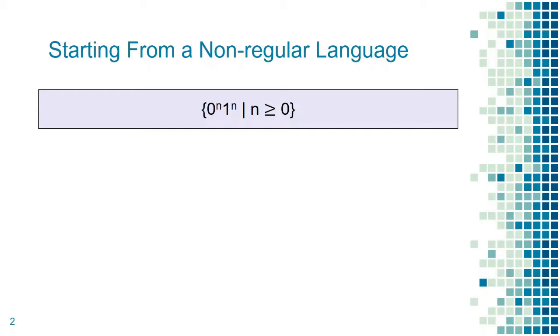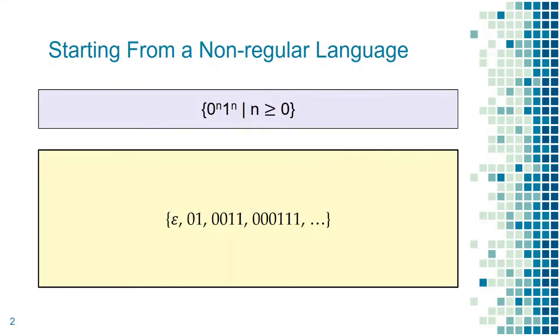So if we had 0^i 1^j, where we didn't care how many zeros and we didn't care how many ones, then we could recognize it with an NFA or DFA. What falls down is that we have to keep track of how many zeros we have and make sure there's the exact same number of ones following after.